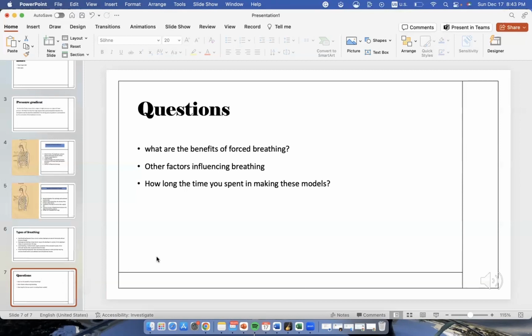Question two, what are the other factors influencing breathing? In addition to the pressure gradient, here are some other factors, such as the airway resistance in your respiratory system, your lung compliance, the surface tension of alveolar fluid, and the elastic recoil of your lungs.